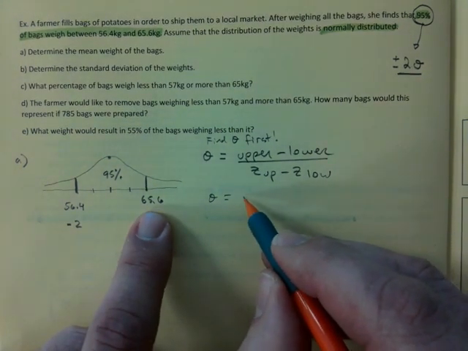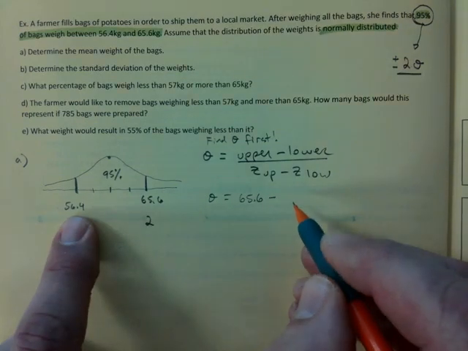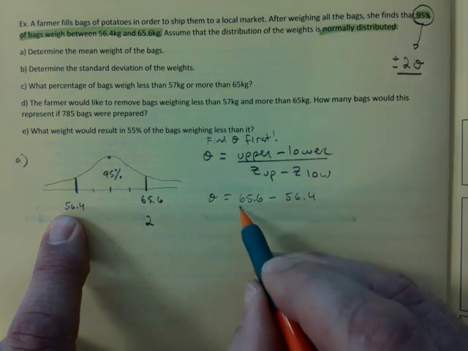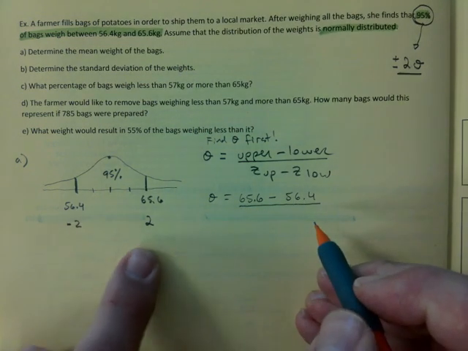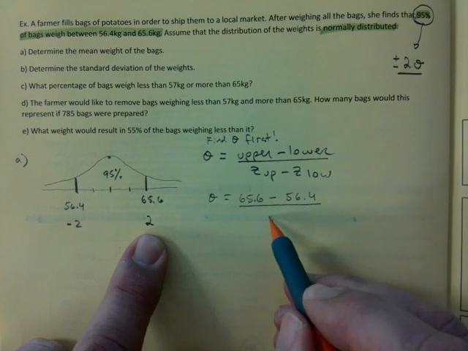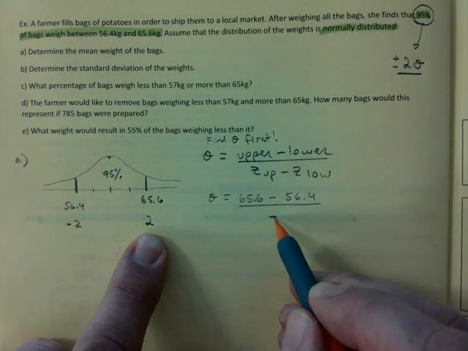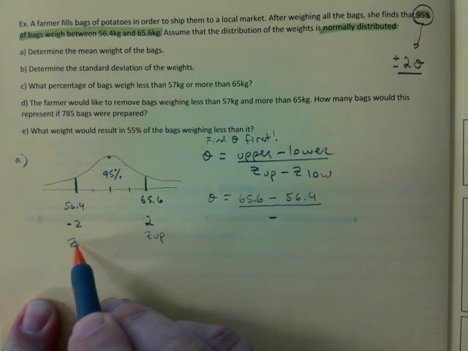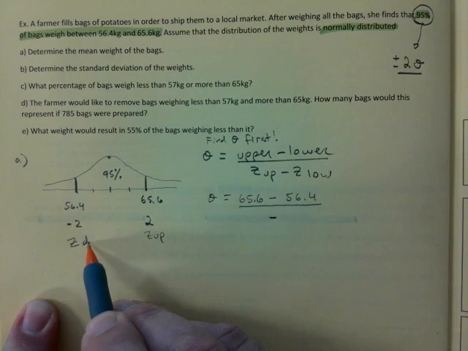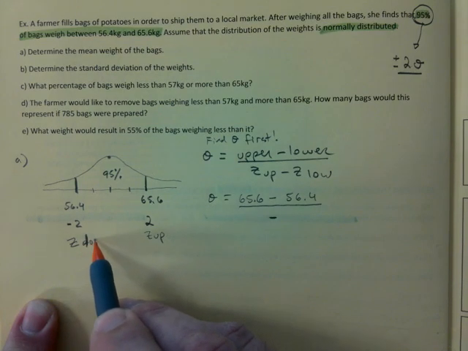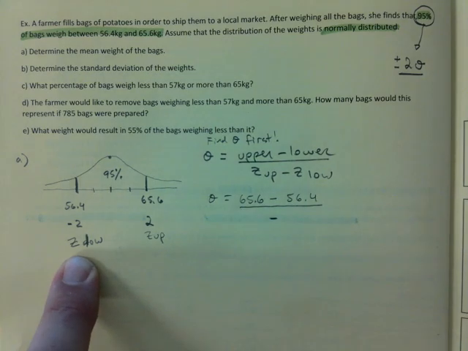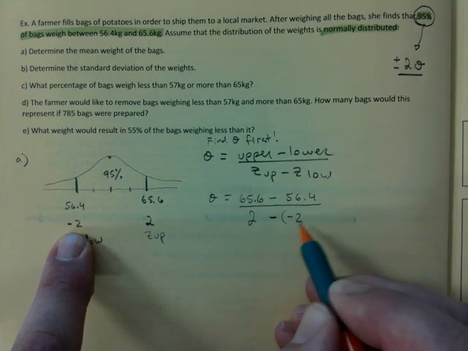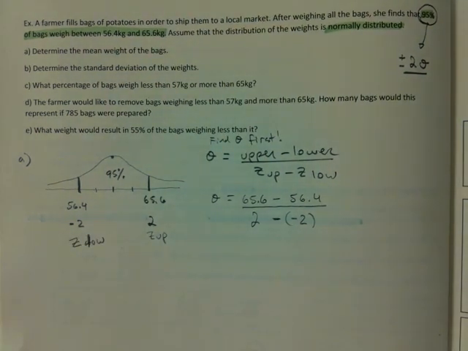Upper means you take the value on the upper limit and subtract the value on the lower limit, and then you divide by, you've got to be careful here, the minus comes with the formula. This is the z up, and this is the z low or z down. So you go 2 minus -2.